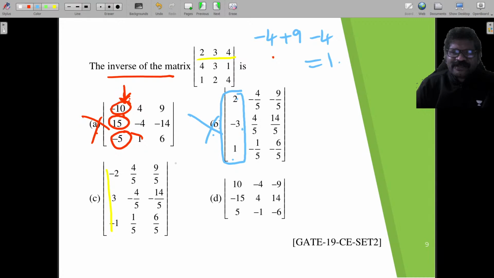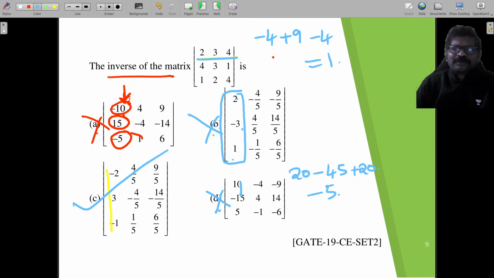Okay. Next, if you multiply first row with first column of last option, 20 minus 45, 4 fives are 20. What is the result? Minus 5. So the first element should not be minus 5. Therefore, third option is the correct answer.